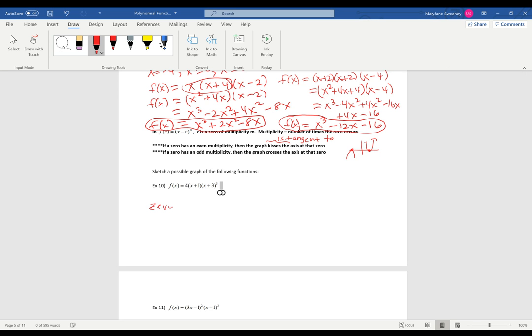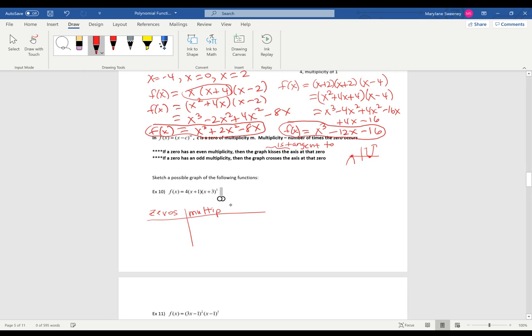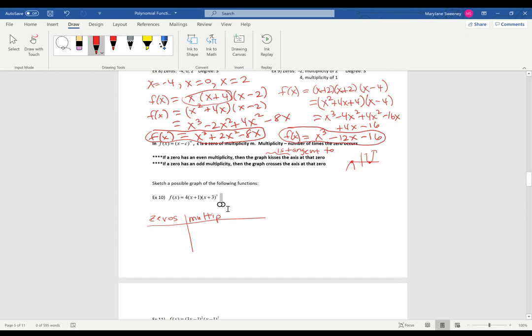We'll make a chart: zeros, multiplicity, and then whether it kisses or crosses.